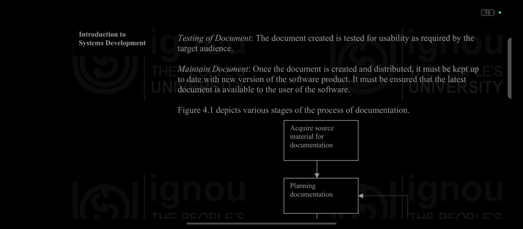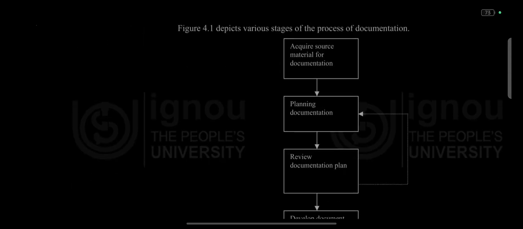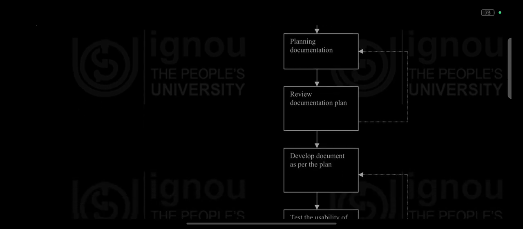So here comes figure 4.1, which depicts various stages of the process of documentation, which involves acquiring source material for documentation. Then comes planning documentation, review planning, which goes back to planning documentation if wanted.